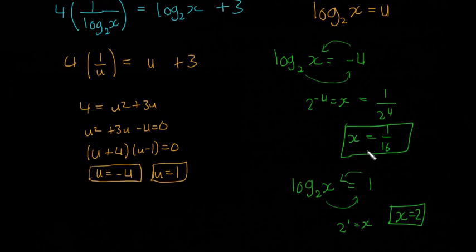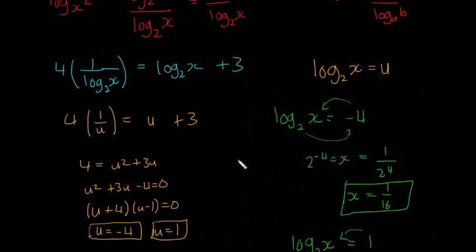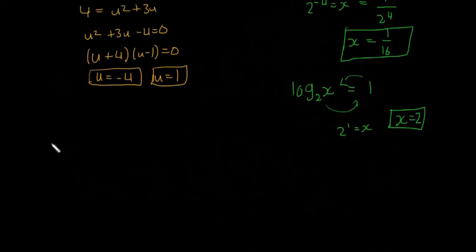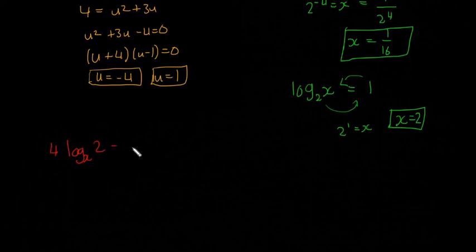So now the only thing left to do is to sub these back into the original equation and check it. We have 4 log base x of 2 is equal to log base 2 of x plus 3.